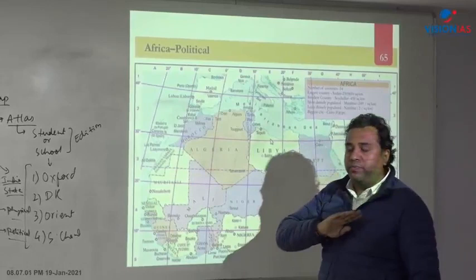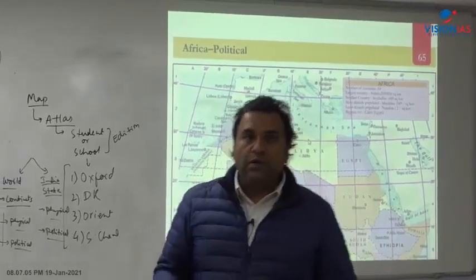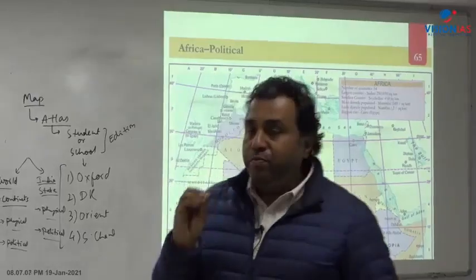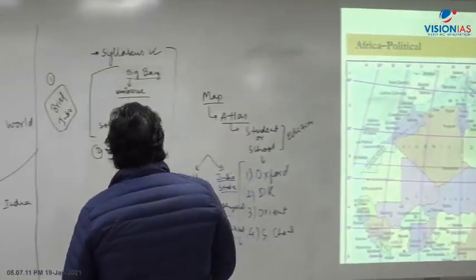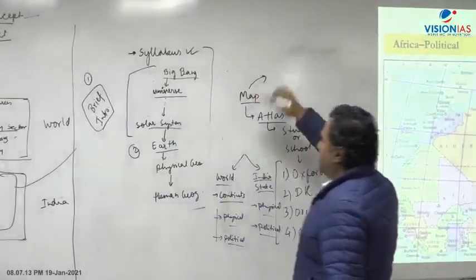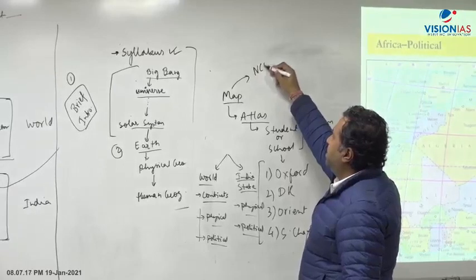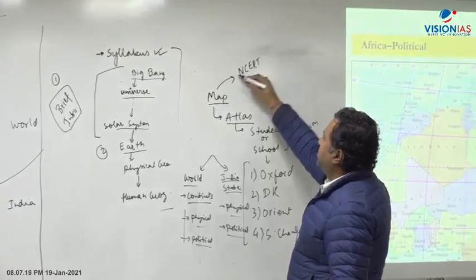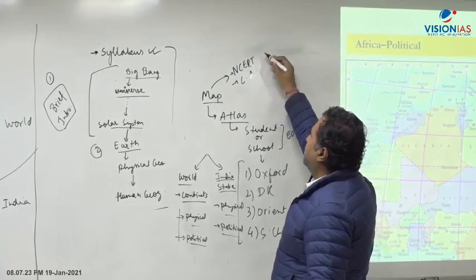Some of the cities, major ones, the ones which are in the news, those you can remember. Don't try to memorize the whole atlas. It will never happen. You don't need to. Now, which places must you remember? The ones given in NCERT, or current affairs.